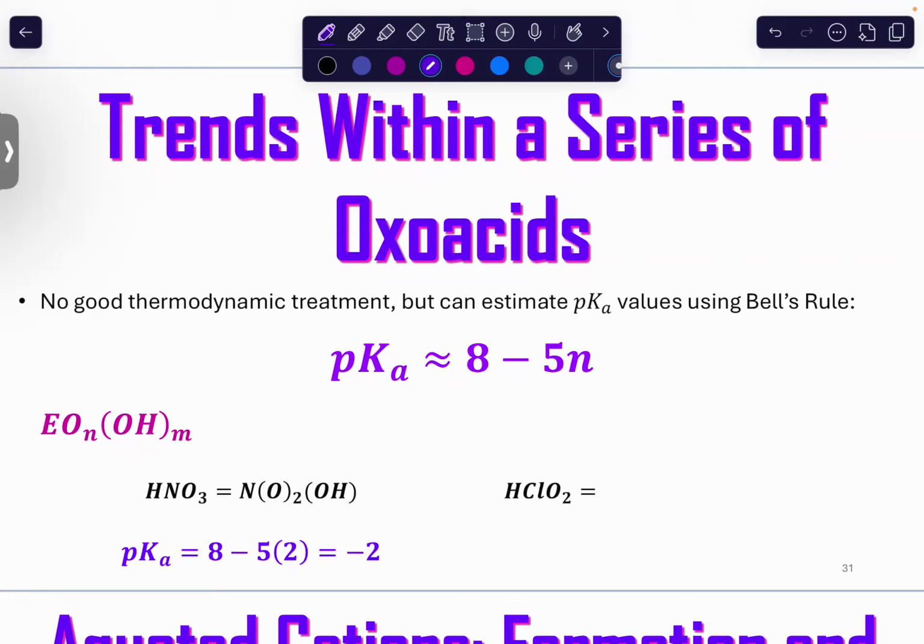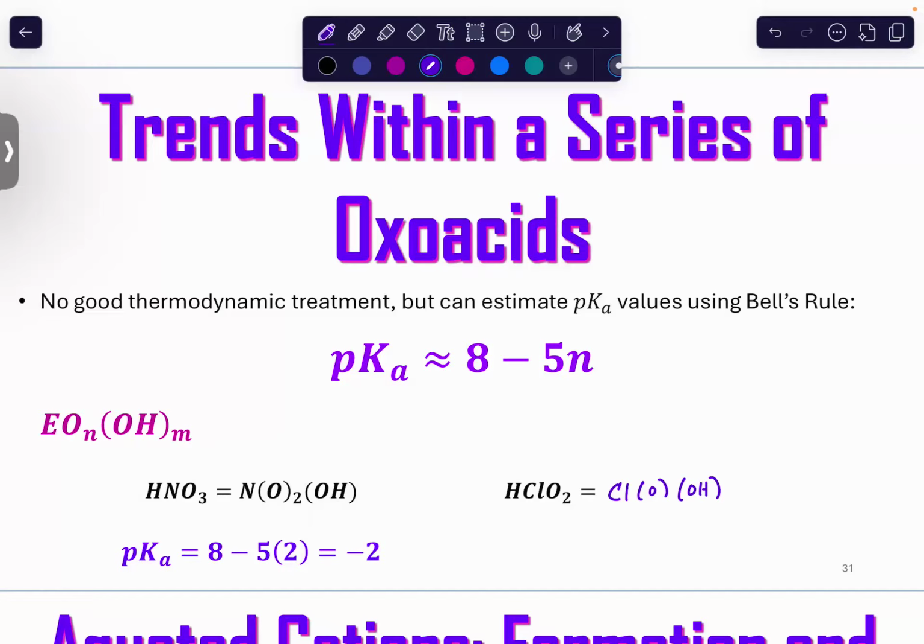Okay. So what you got here is you have to have an OH because it's an oxoacid. The hydrogen has to be on one of the oxygens. So your chlorine is your E, and then you're going to have a single O and an OH.